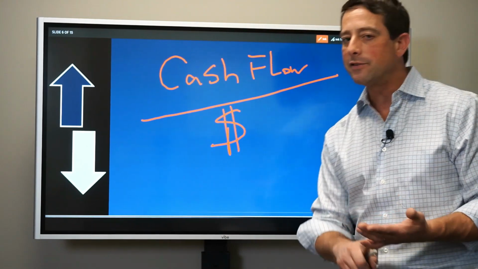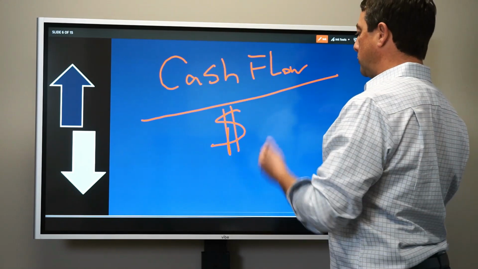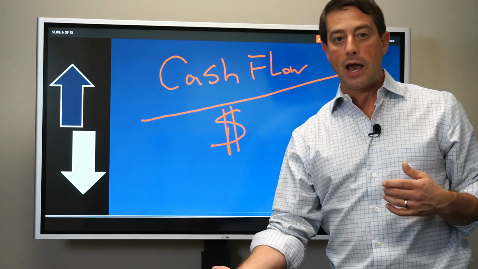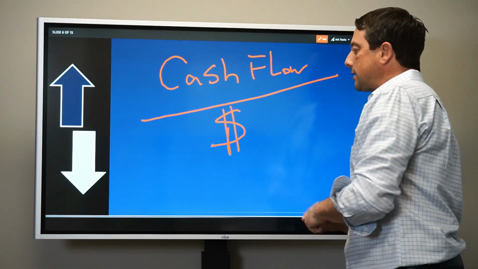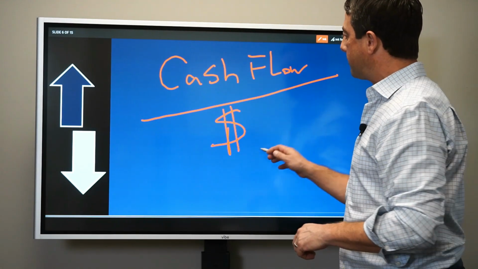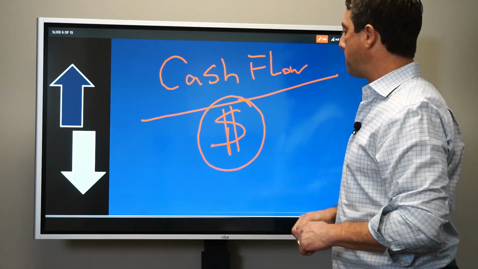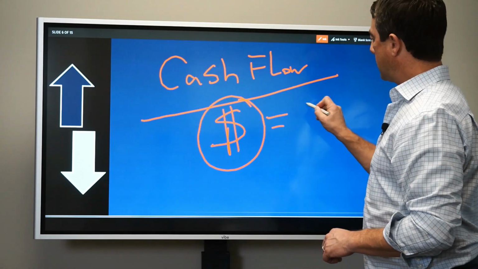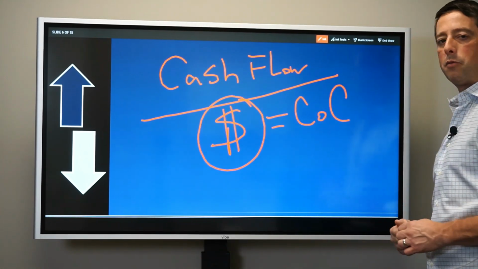Okay, but cash invested is going to include down payment, it's going to include any fees that you have to spend, your lender's fees, origination fees, all that kind of stuff. So it's going to be your total dollar invested. So cash flow divided by your total investment amount equals cash on cash. And you'll see that abbreviated COC most often.